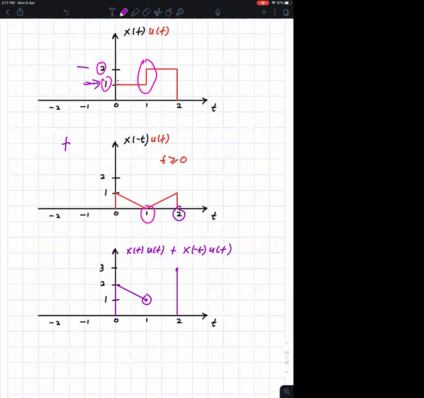For this part here, 0 plus 2 gives you 2, right? So that's going to be a jump also, because of this jump here. Okay. Any question? No, sir.